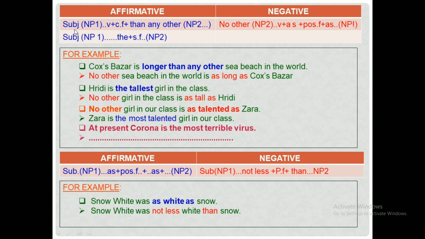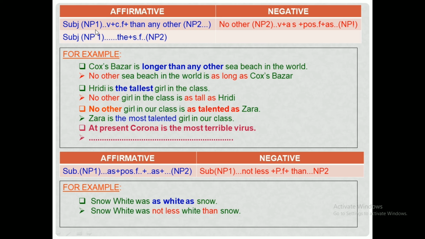You have learned how to transform a sentence regarding degree. The item is on the basis of degree. I wanted to analyze the structure: subject, NP1. Here, N indicates noun, P indicates pronoun, and 1 indicates the first noun or pronoun in the sentence.